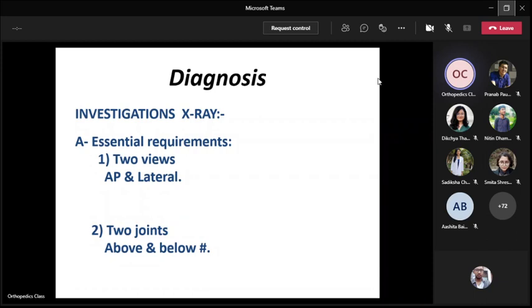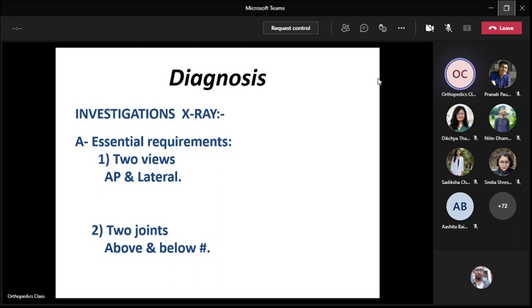Whenever we ask for the X-ray, we always ask for two views. It's a two-dimensional picture, so we always ask for two views, anterior-posterior and lateral. Why? This is important because sometimes you may miss something, because bones are not always straight. There are certain angulations and such things.